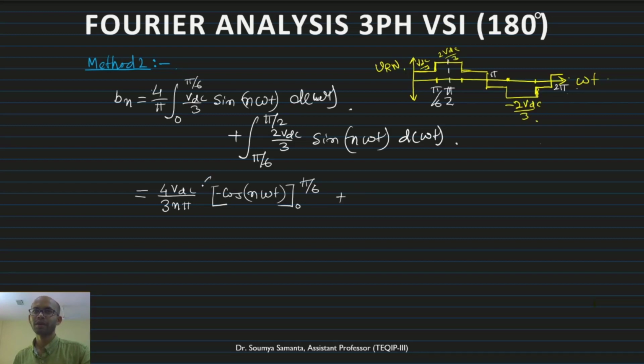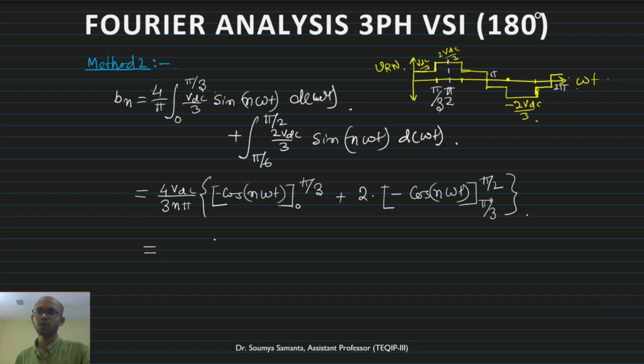If I take this part out, the 2 will remain there, and this part will be minus cos n omega t, and I am extremely sorry, this is not pi by 6, this is pi by 3. Correct, this is pi by 3 to pi by 2, this part.